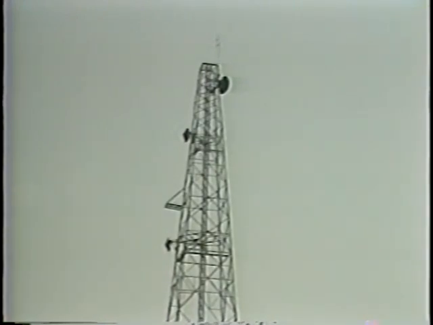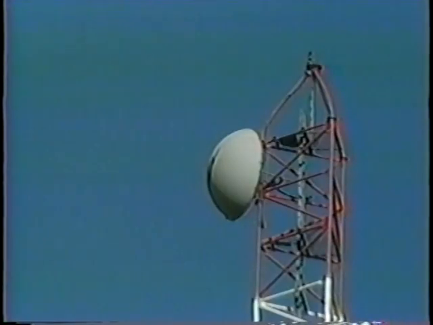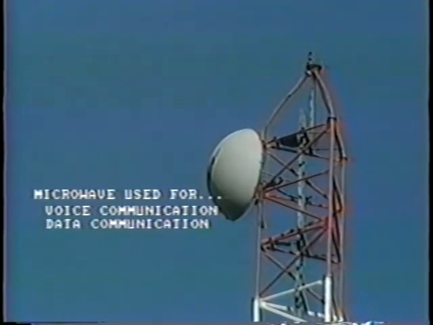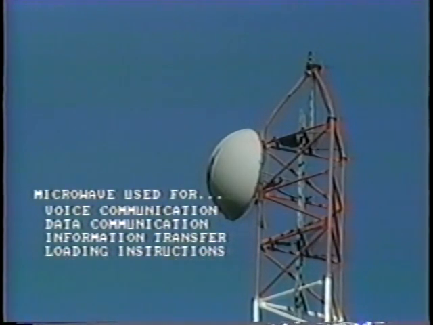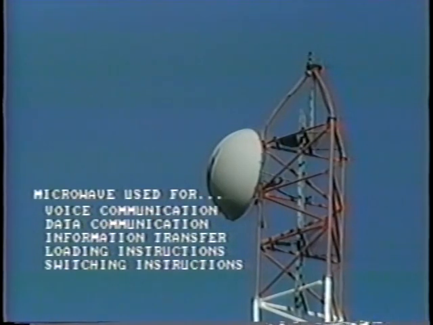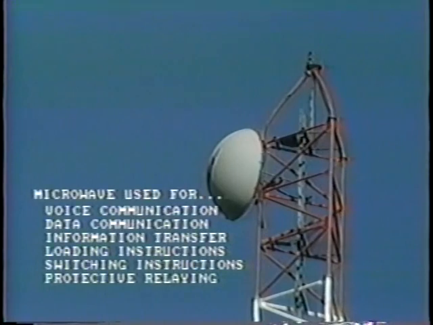We are all familiar with the dish antennas that we see on high ground dotted across the country. In any particular power company, the microwave communication system will be used for many different functions, such as voice communication, data communication, information transfer, loading instructions, switching instructions, and protective relaying, all operating at different specific frequencies.